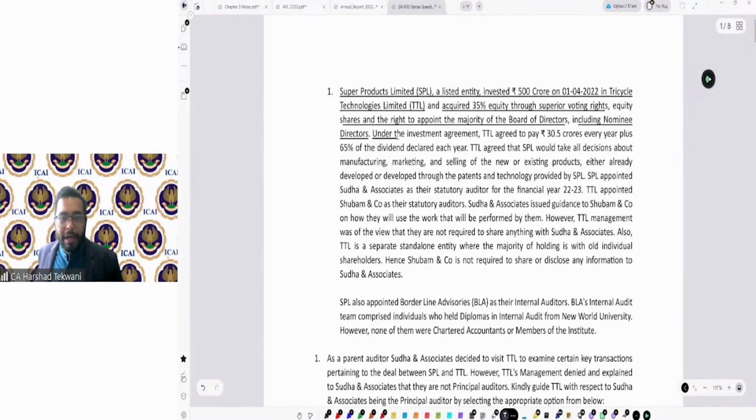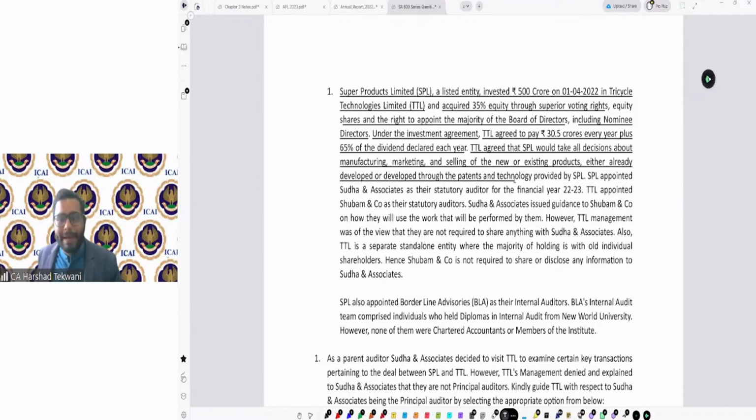Under the investment agreement, Tricycle Technologies Limited agreed to pay 30.5 crores every year, plus 65% of the declared dividend each year. So TTL agreed that SPL would take all the decisions about manufacturing, marketing, and selling of new or existing products, either already developed or developed through the patent and technology provided by SPL.